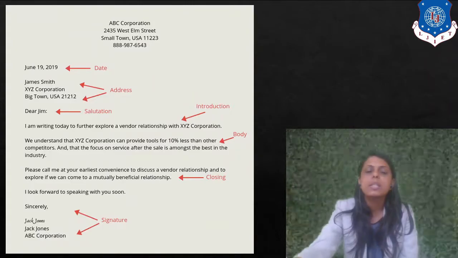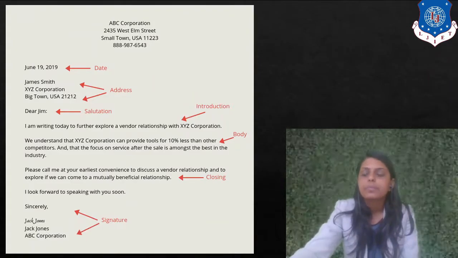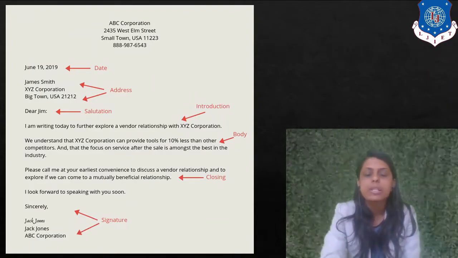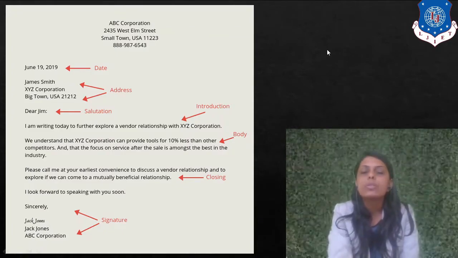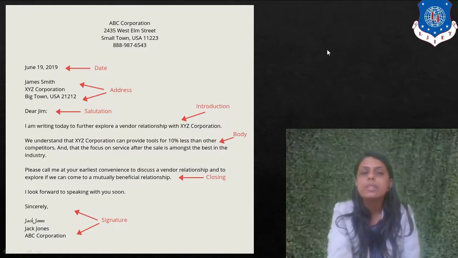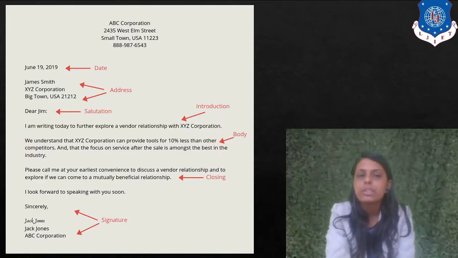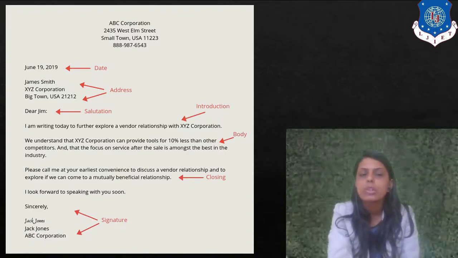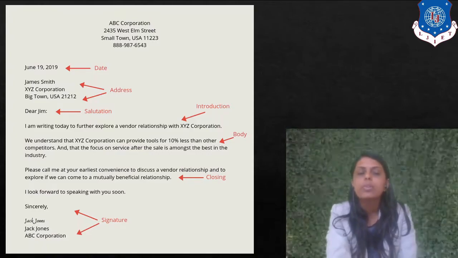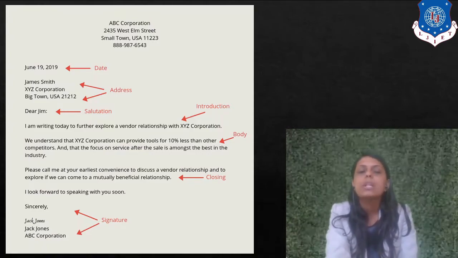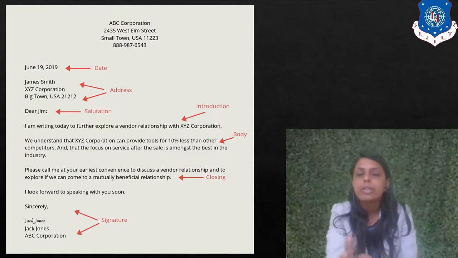So here you can see one letter example I have given. Right above in the letter, there is ABC Corporation, 2435 West Elm Street, Small Town, USA 11223, and there is a fax number and mobile number which is given. Right, so that is the sender's address.